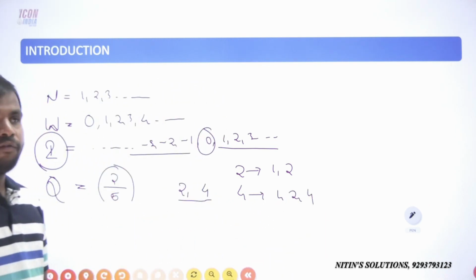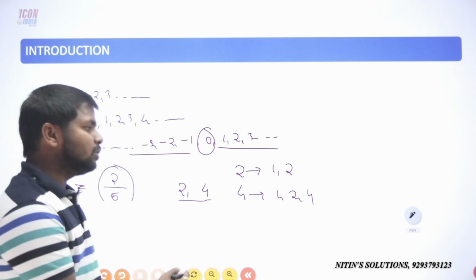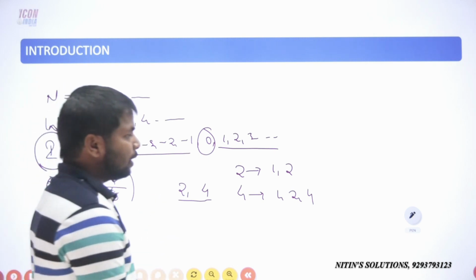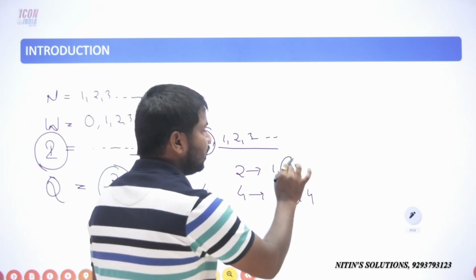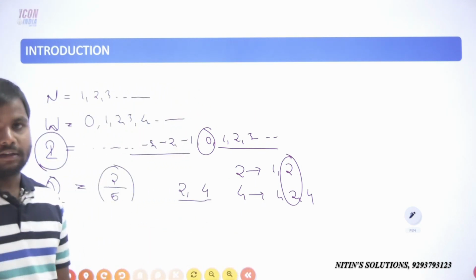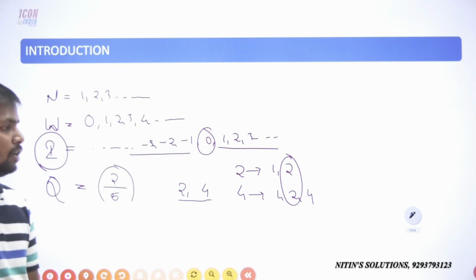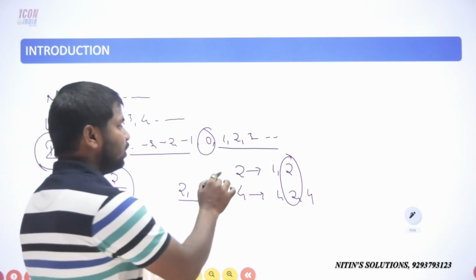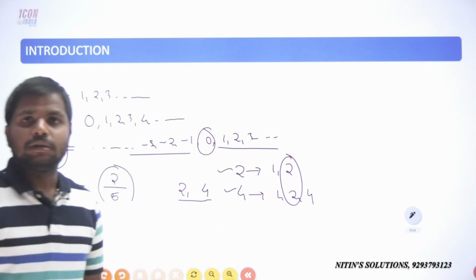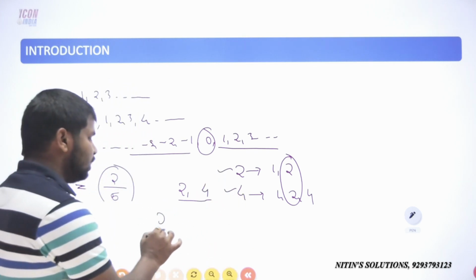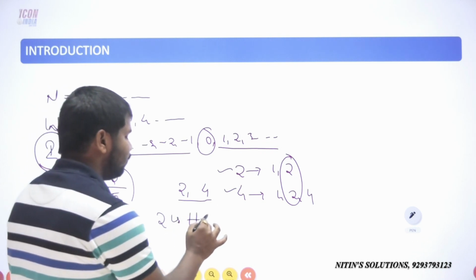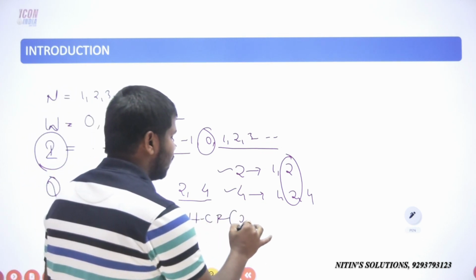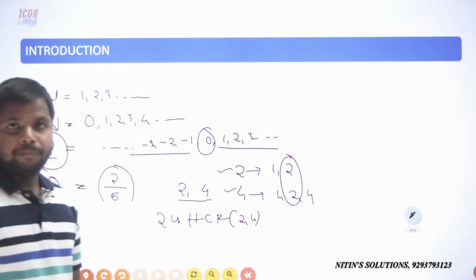Here, 2 is the highest common factor, so 2 is the HCF of 2 and 4.